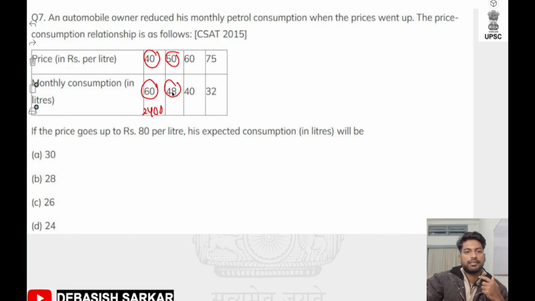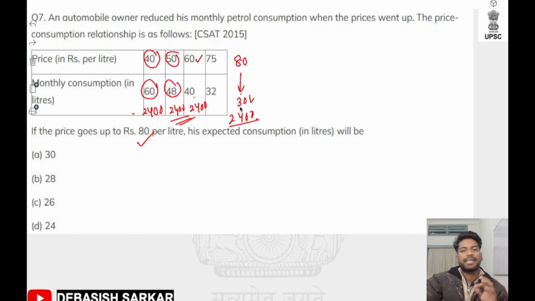It means 2400 rupees. 60 rupees per liter, 40 liters, so 2400. Okay, every time he wants to spend only 2400 rupees. So now they are saying if the price of petrol goes up to 80, how much will he use? Only 30 liters, because 80 into 30 is 2400, because he won't spend more than 2400. That's why 30 liters. Easy one. Chalo. Next question.